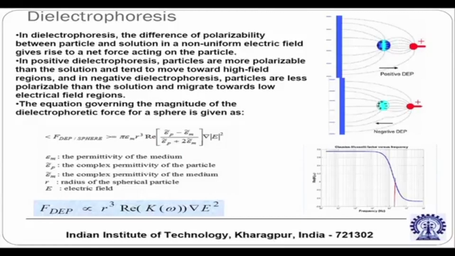So, there is a particle in a solution, the particle is of different polarizability than the solution, and the electric field is non-uniform. If that is there, then this gives rise to a net force acting on the particle. This is reminiscent of the force due to a dipole formation.